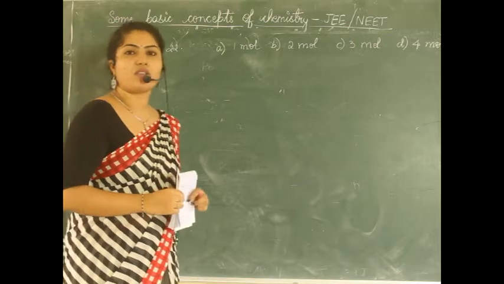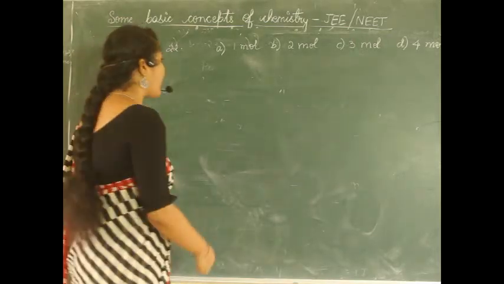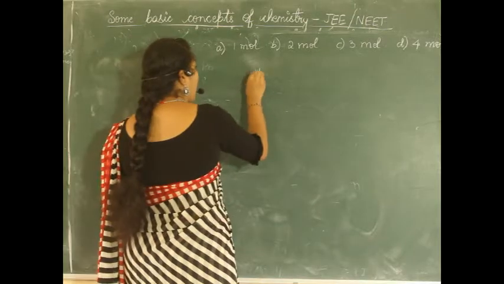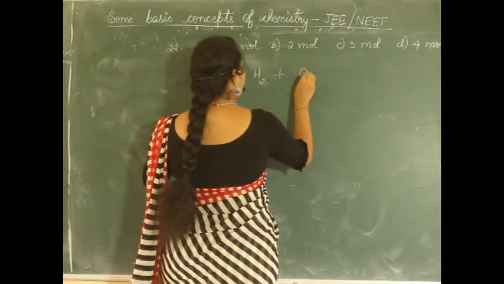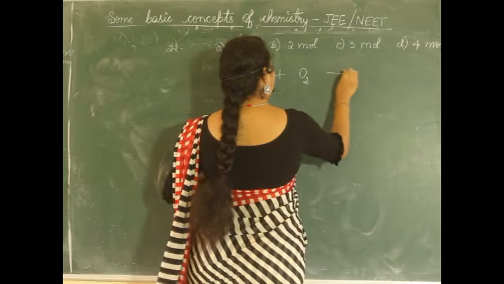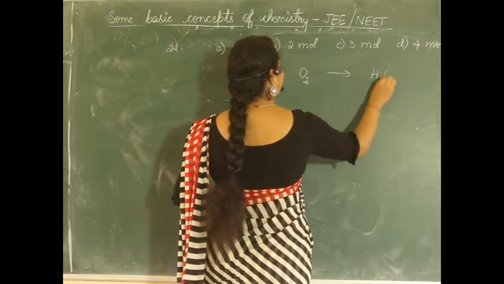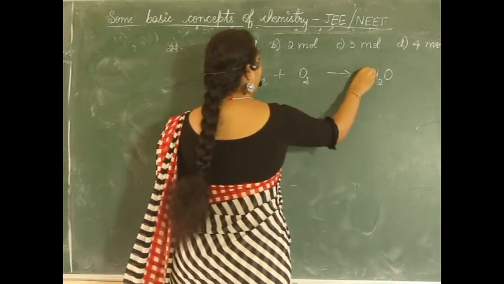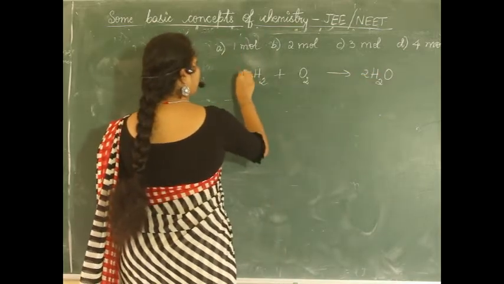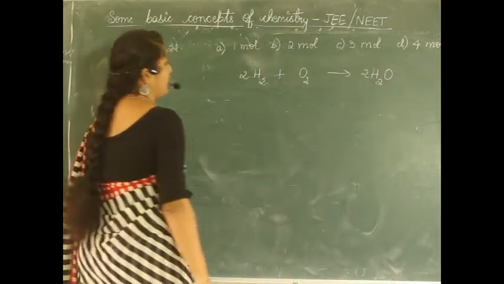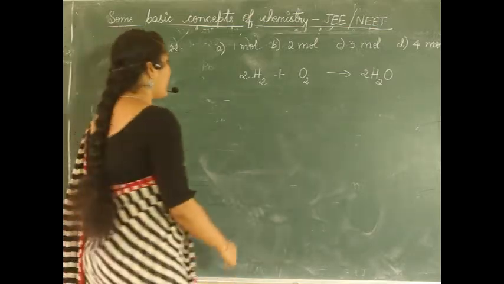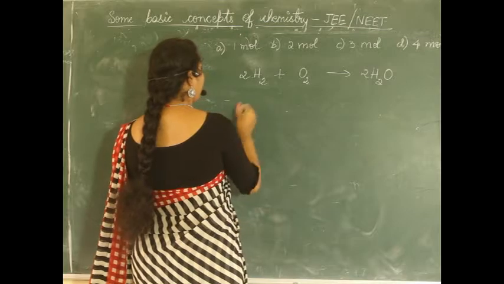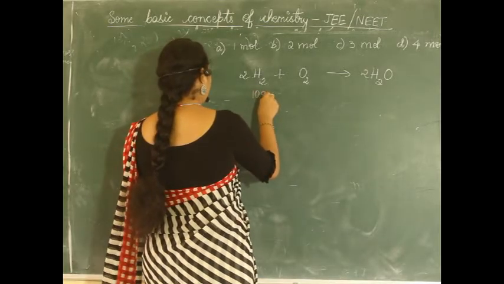This is again based on stoichiometry. So let us write the balanced equation. What is given? Hydrogen and oxygen were filled in a vessel and it was exploded. How do you balance it? 2 2s are 4. So here it is 2, right? Hydrogen is given to be 10 gram.